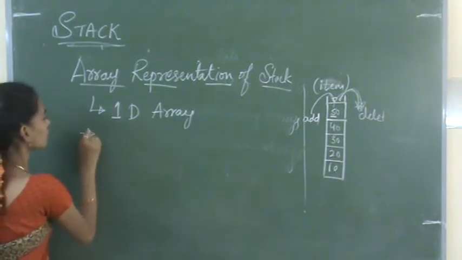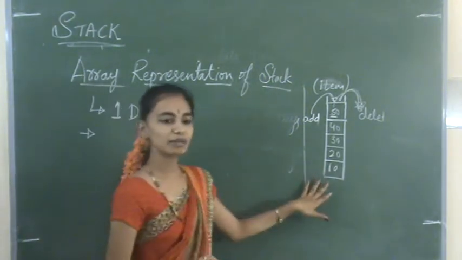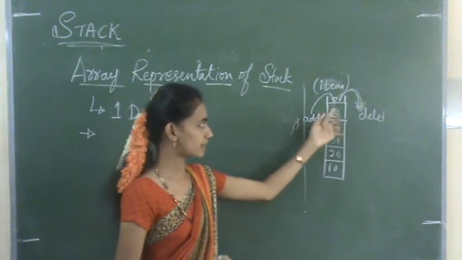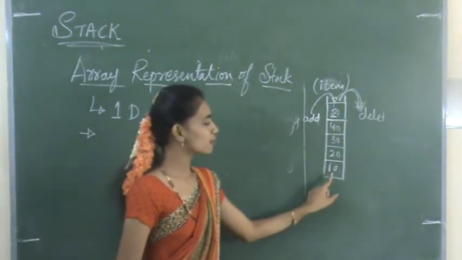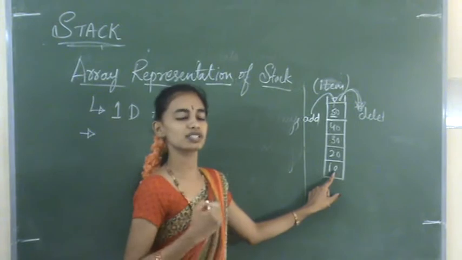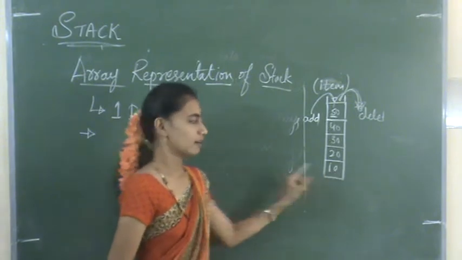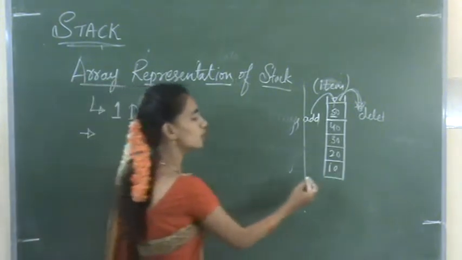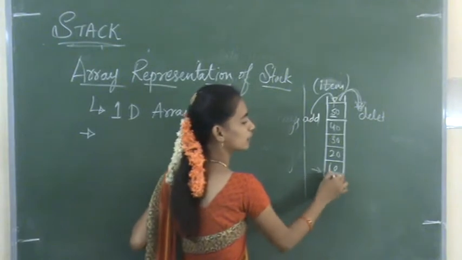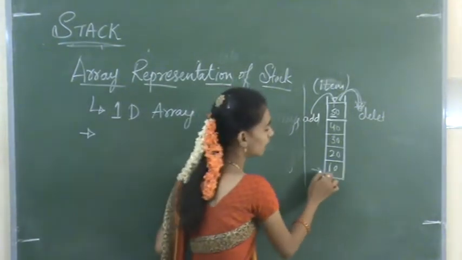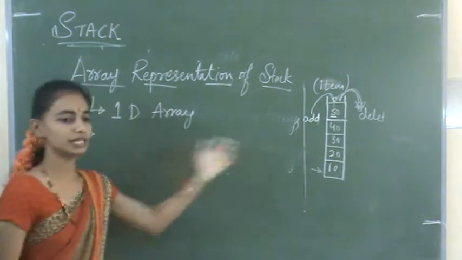So here the elements are stored in the stack starting from the first index, the first location of the memory. The first element will be stored where the first location is pointed out, so there the stack element will be inserted.